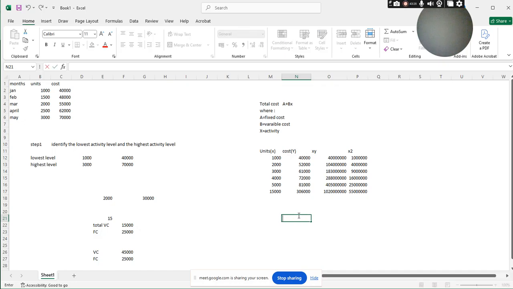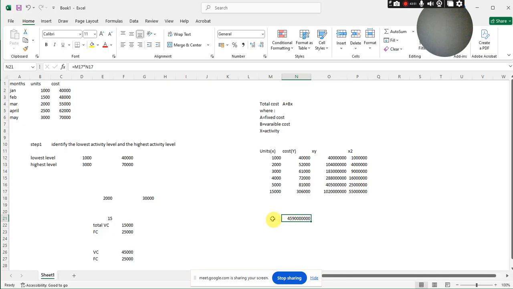Equal to, open bracket, or let's not open any bracket first. Summation of x multiplied by summation of y. Okay, you hit enter, right?